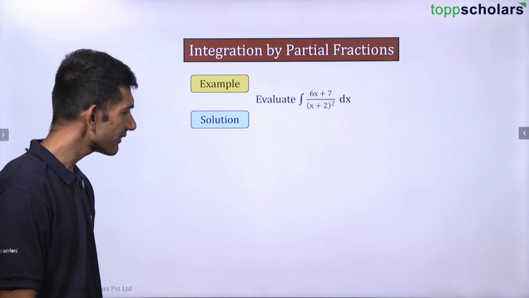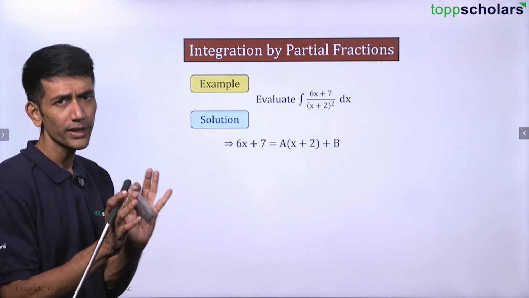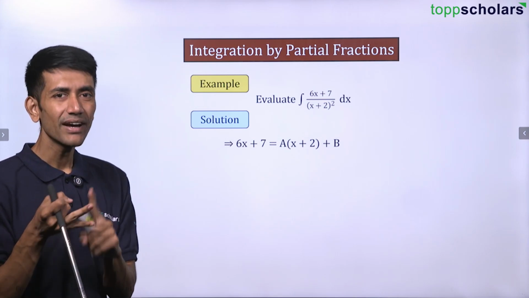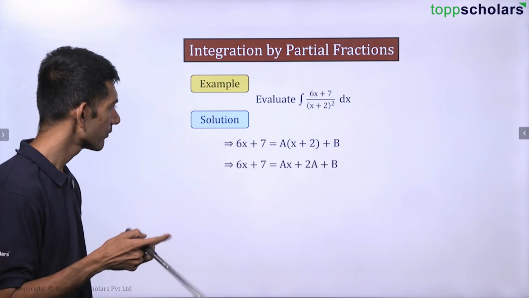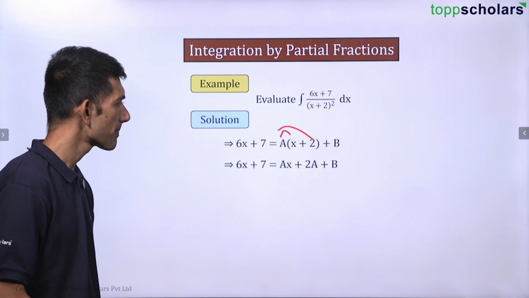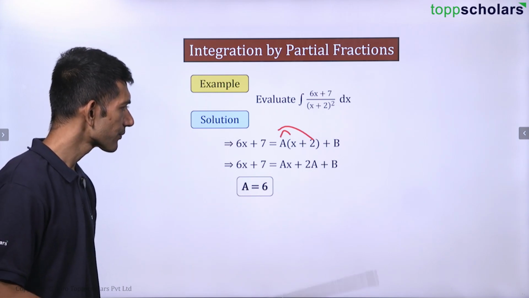So 6x plus 7. Now if you want b, you can put x as minus 2. The choice is yours. You can do it anyhow. Make sure that you get the values of a and b. Getting the values of a and b is important here. So here I am multiplying inside. The value of a is 6, right?